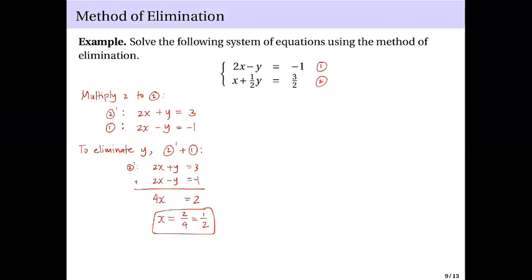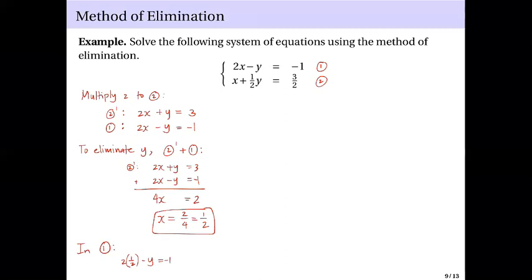Okay? Now we have the value for x. We substitute this value in any of the equations here. Say, let us substitute it in equation 1. Okay? So in 1, what we will get is 2 times x, which is 1/2, minus y, okay, equals negative 1.